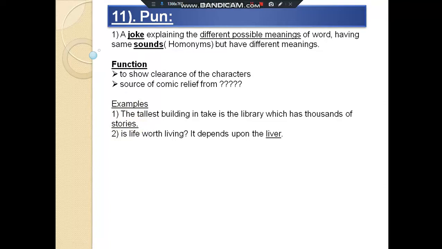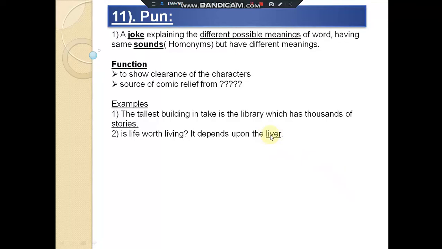Next one, if I say, is life worth living? It depends upon the liver. Liver means your physical organ. On the one hand, this is the meaning. Obviously, your liver plays a vital role in your body.